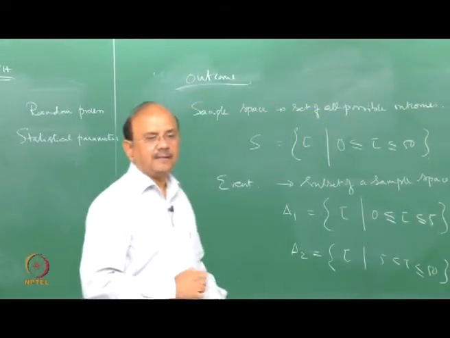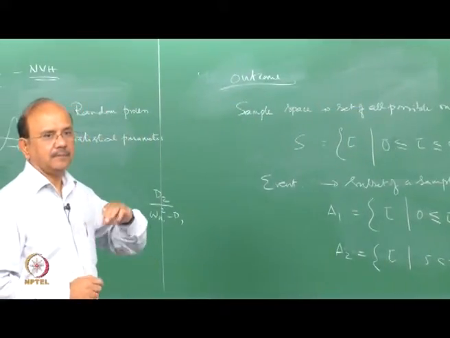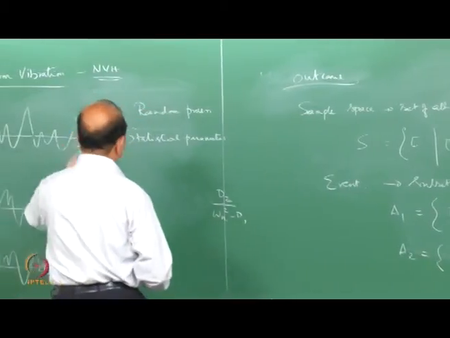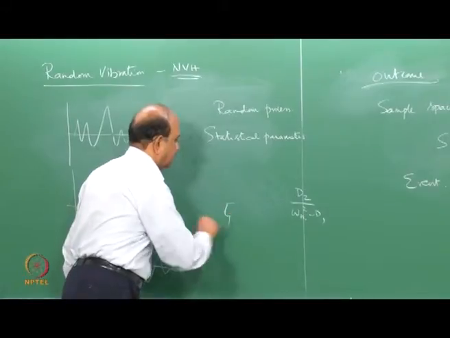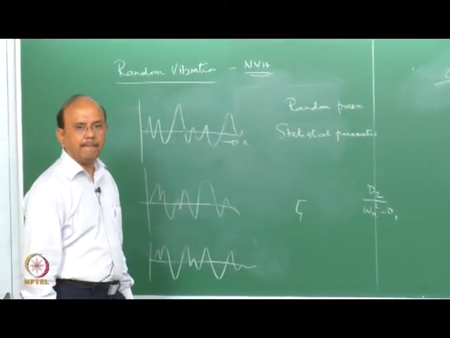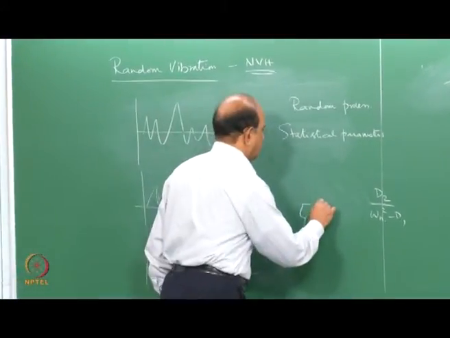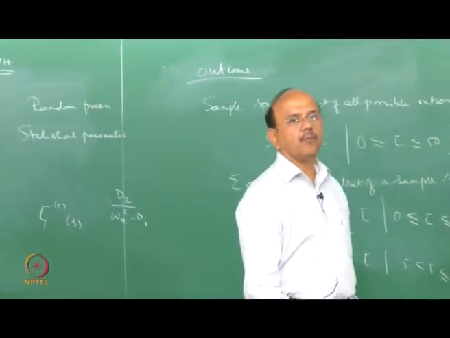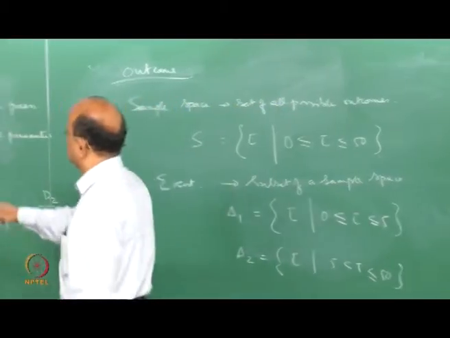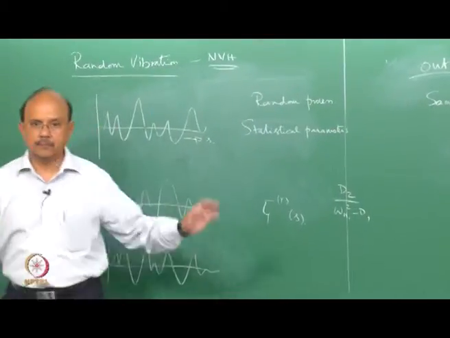Let us say that I have taken a number of readings. Let me call these readings zeta, say R, where S denotes the distance from the origin.